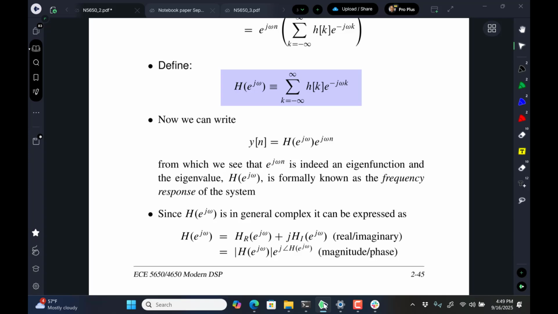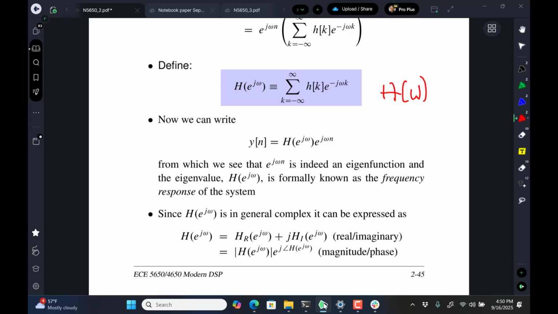And you might even already be questioning, why do we have, in the notation, why don't we just say h of omega rather than h of e to the j omega? My sense of why we do that is because everything in the discrete time domain, the frequency spectra and the frequency responses, are always periodic.